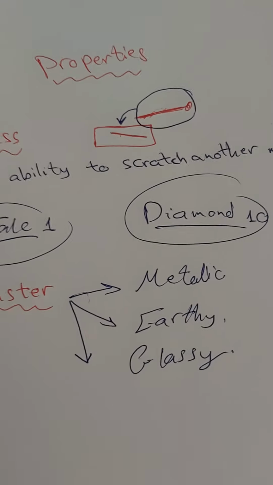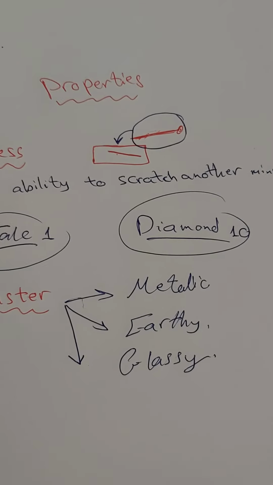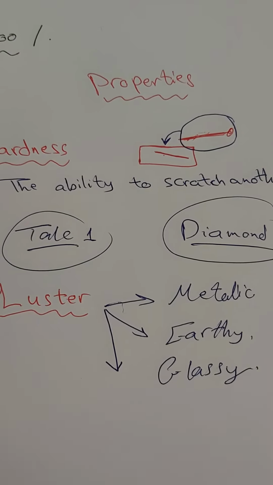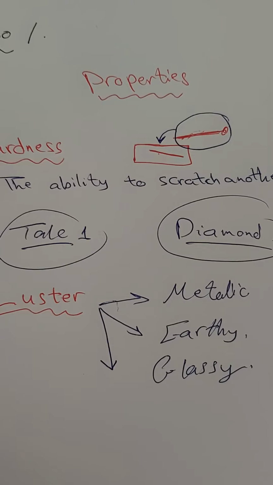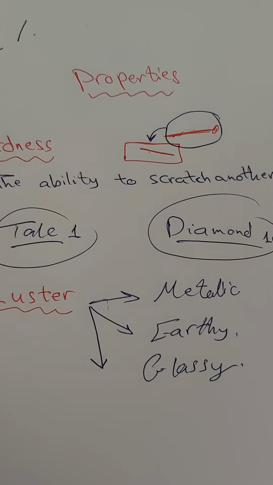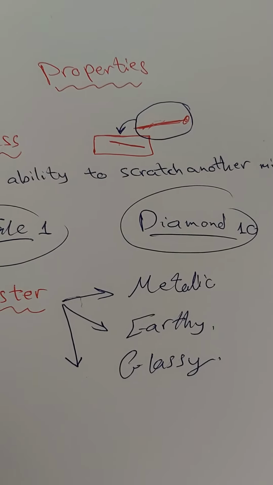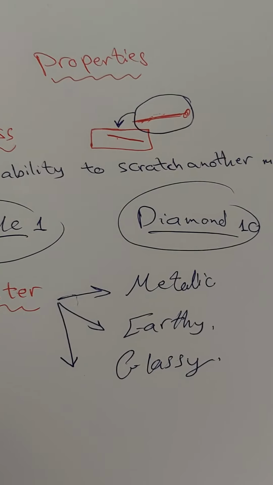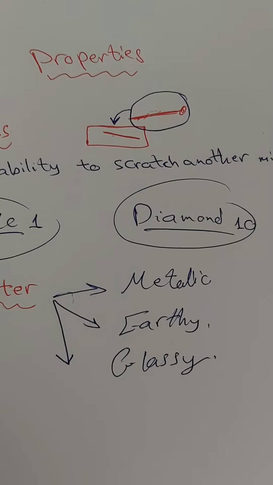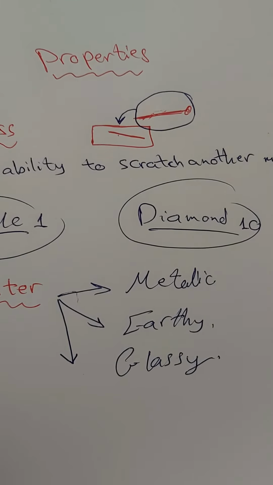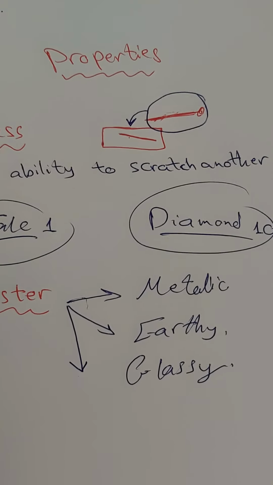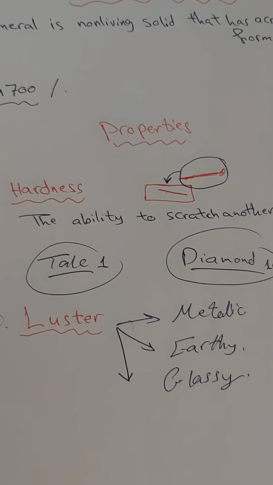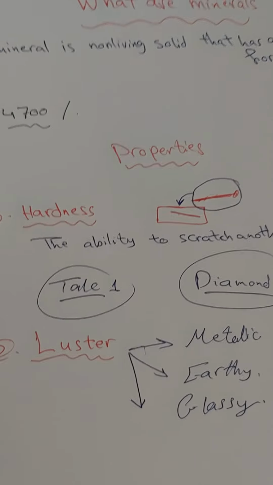So luster means the reflection of light. If it is very bright, it has metallic luster. If it doesn't shine, earthy luster. If it's pure like glass, like water, we call it glassy luster. So these are the first and second main properties of minerals.